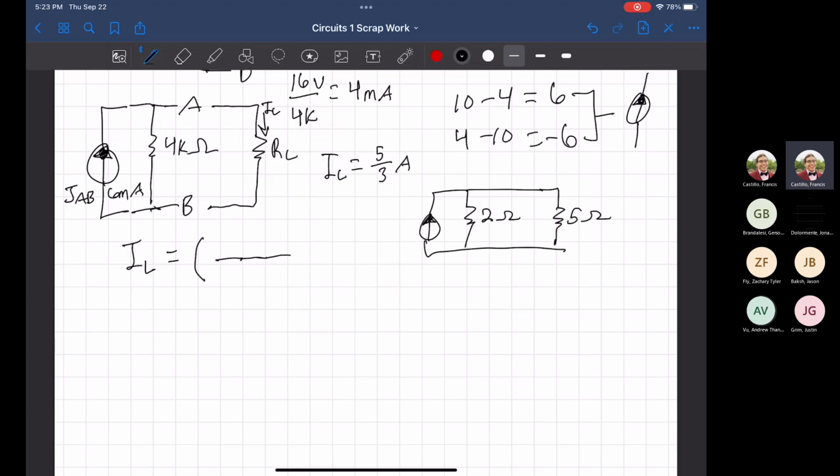The current traveling through the 2 ohms will be greater than the current traveling through our 5 ohm resistor, because 2 ohms provides less resistance, meaning more current is going to be traveling through. Which is why in the numerator you put the resistive value of the one you don't want to find, whenever they're in parallel like this. So instead of putting RL, I'm going to put the 4K here instead.